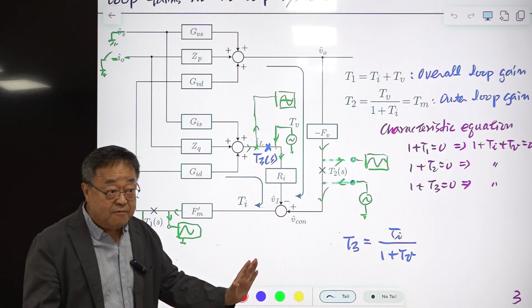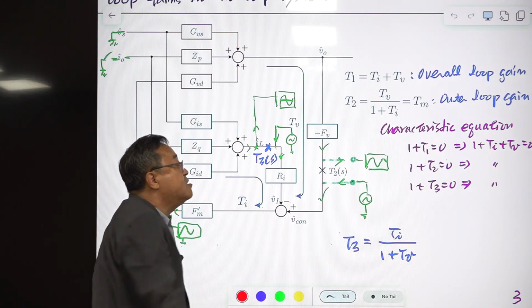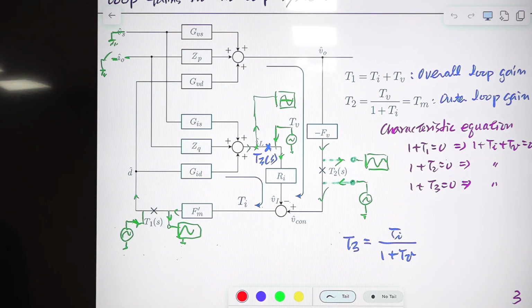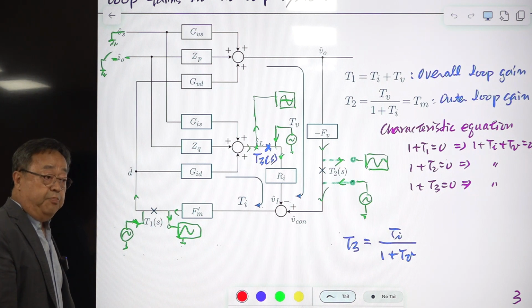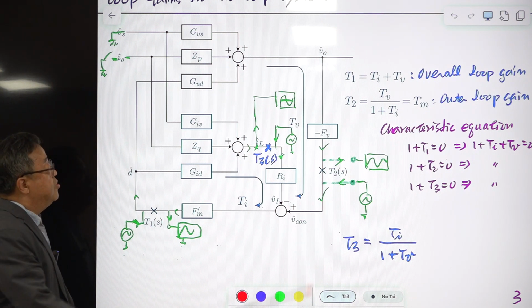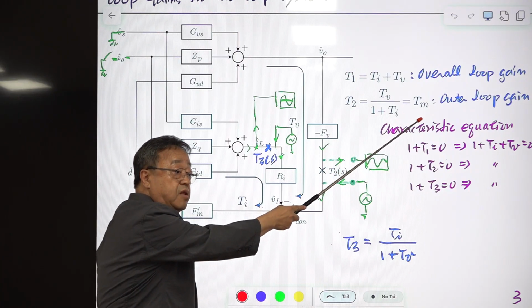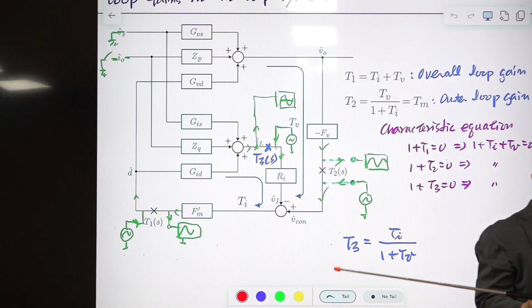They are different things, but the common thing is all of these loop gains predict the same stability information about the system. We'll be using T1 and T2 for the output impedance analysis. Previously, we only used Tm, which is the outer loop gain. This is just one specific loop gain among 3 possible loop gain definitions.